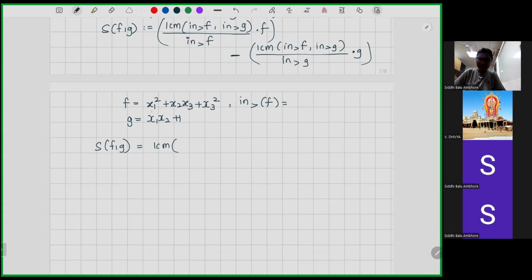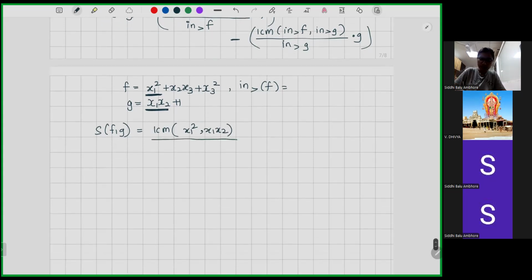So I hope you can verify now, we did this multiple times, that these two are the initial terms: x1 square and x1 x2. We will also check this in Macaulay 2, but for now we will do it by hand.